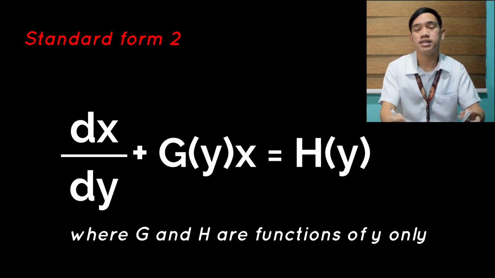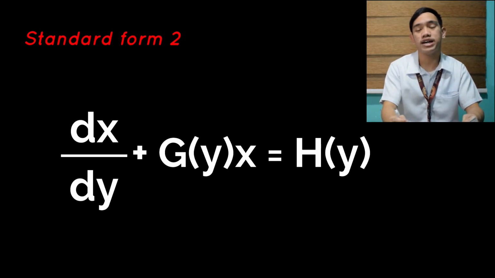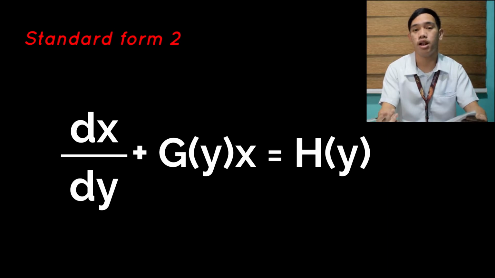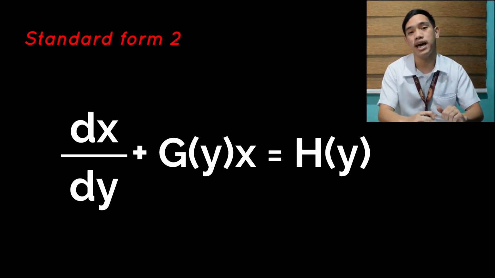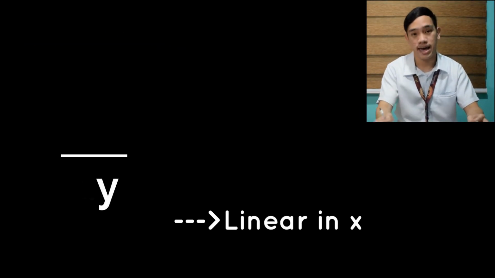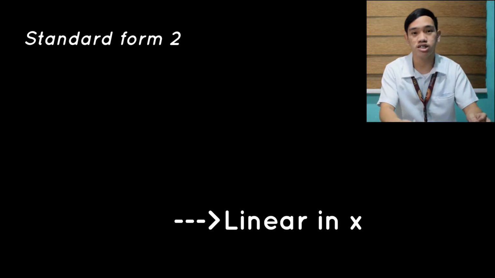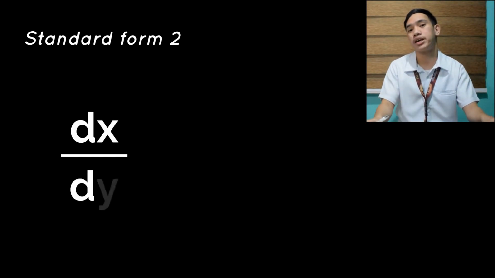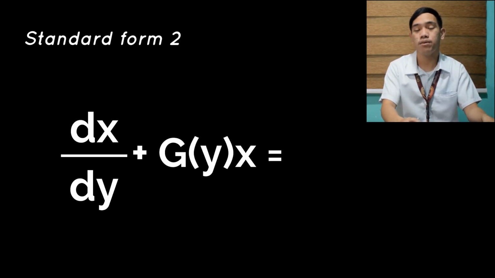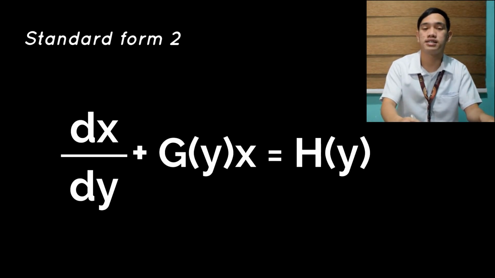Dito naman, sa form na ito, x yung dependent variable and y yung independent variable. Again, if we could rewrite the DE into this form, we can say that this DE is linear in x. Again, pag linear in x, meron tayong standard form na dx over dy plus g of y multiplied by x equals h of y.